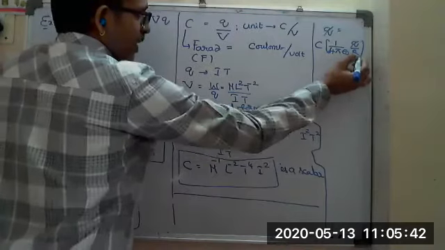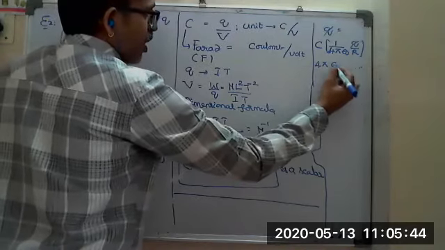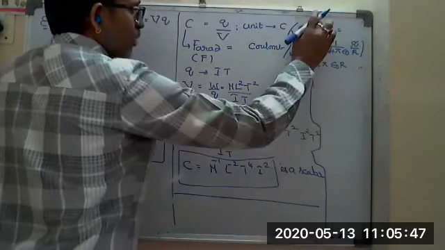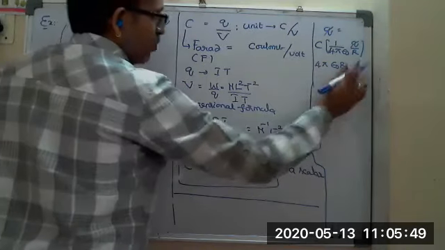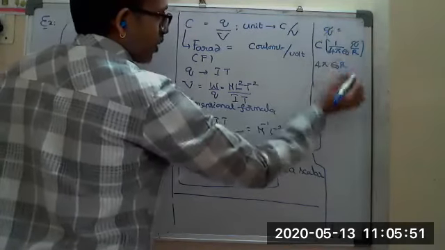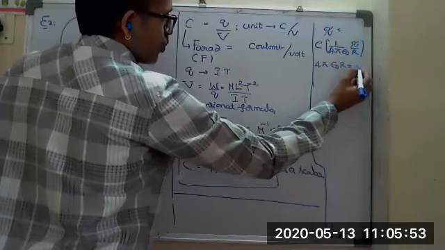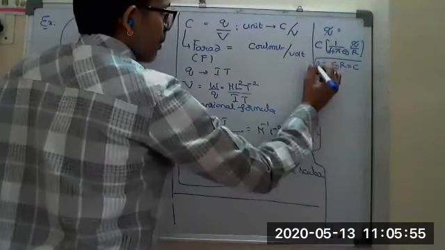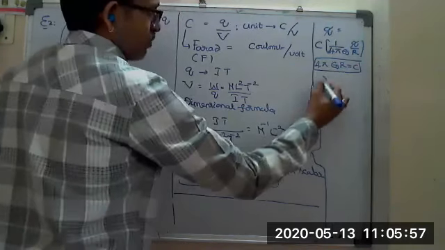And this denominator term 4 pi epsilon naught R, if you bring it to the left hand side by cross multiplication, you get 4 pi epsilon naught R equals C. This is the capacity of the spherical conductor.